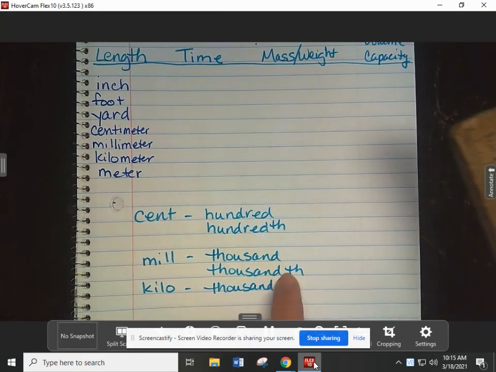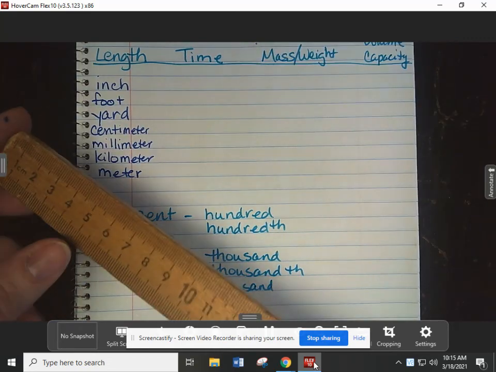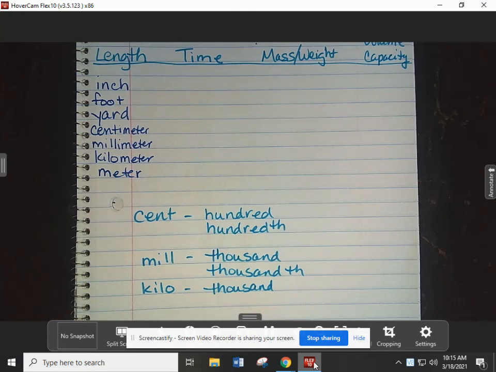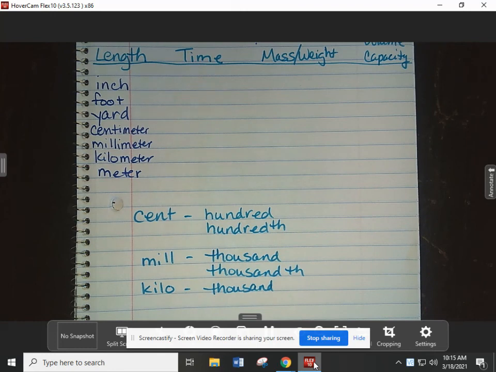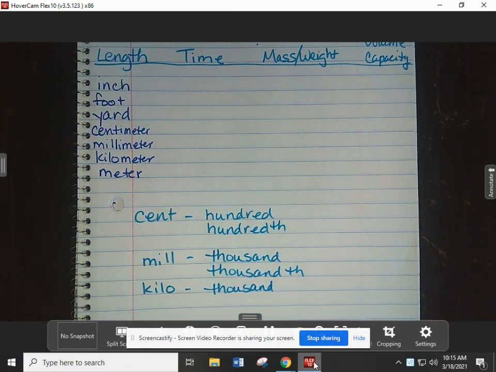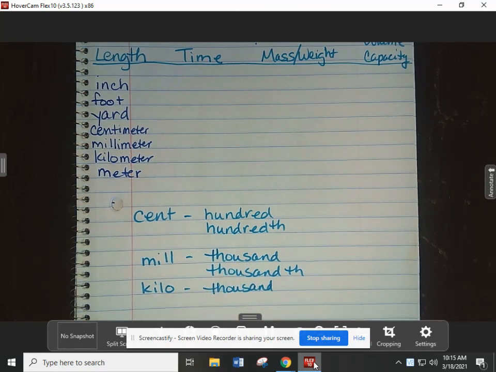And again, we have the TH on the end of them because we're talking about a part of a whole unit. What's the whole unit in metric? Our whole unit, what we would think of as one? The meter. So then the centimeters, it takes 100 of them to make a meter. Millimeters, it takes 1,000 of them to make a meter.